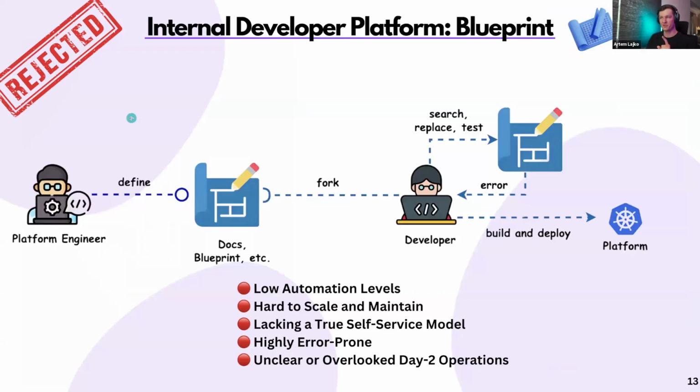To build the self-service, you need, for example, to create an automation grade. And a lot of teams that call themselves platform teams come to me, and I say, show me what you have built. What is your self-service approach? And they show me a blueprint, for example. They say we defined some blueprint, you can just fork it, search and replace all the things, and you're done.